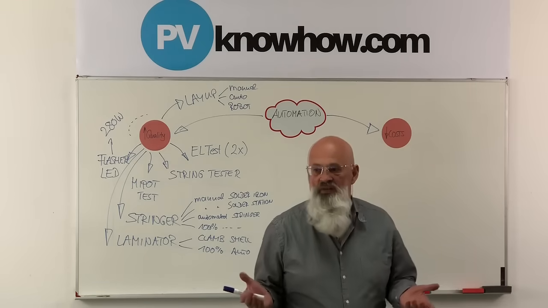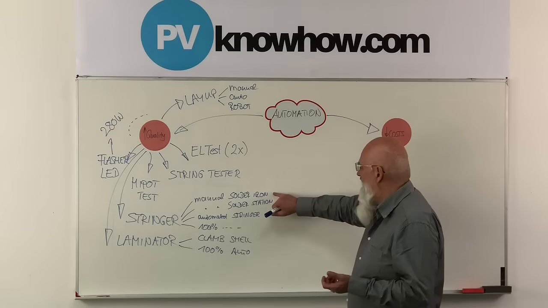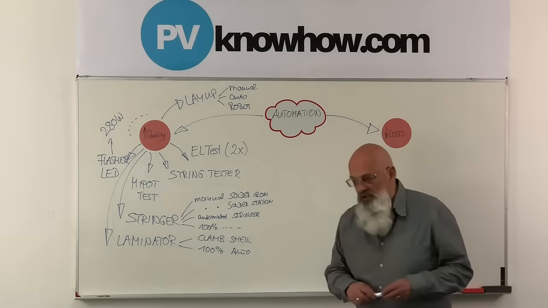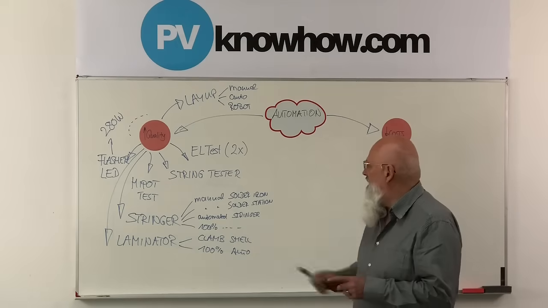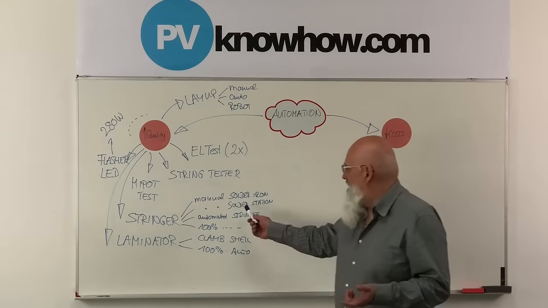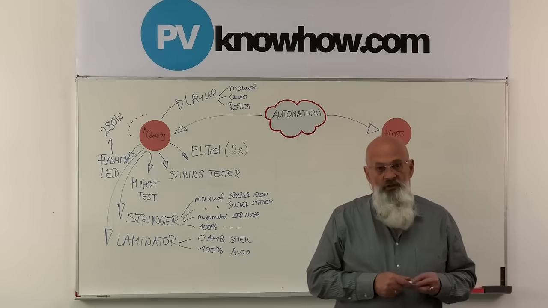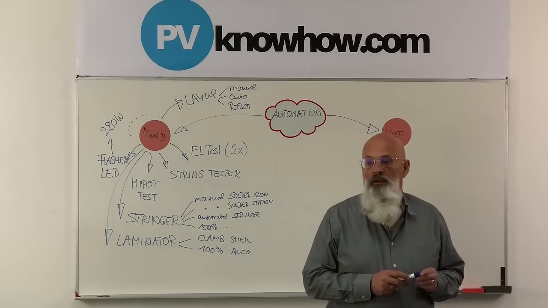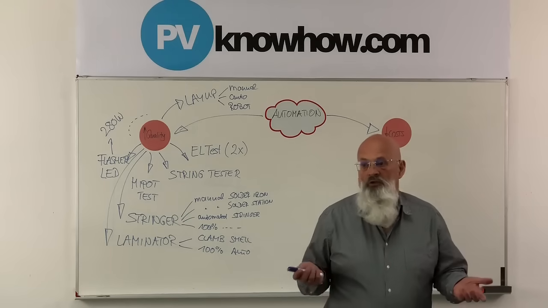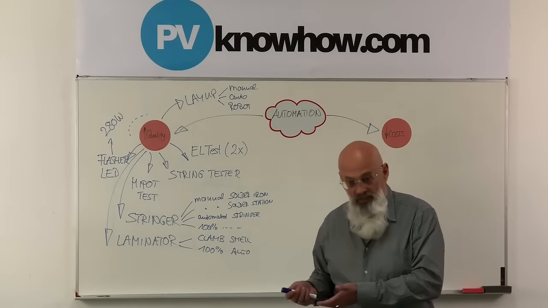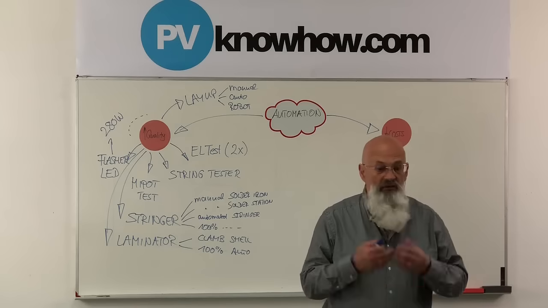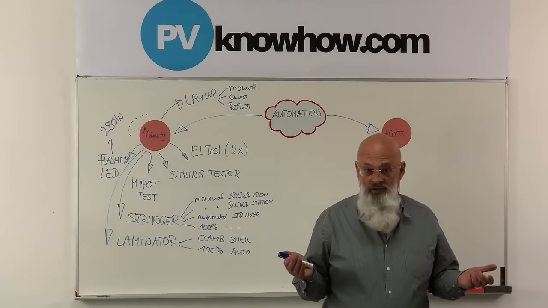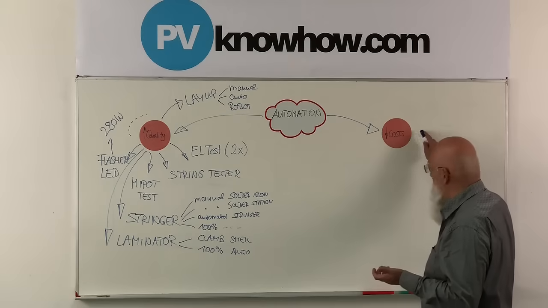I saw Chinese factories where 120, mostly girls or women, did the soldering, and I saw other solutions where some stringers were used for 30 megawatt or for 100 megawatt, and they replaced 120 workers' places. So it could decrease the costs.